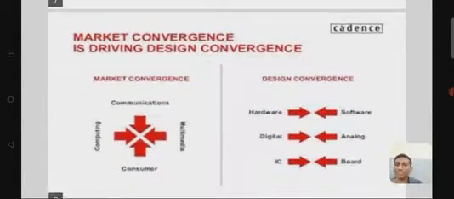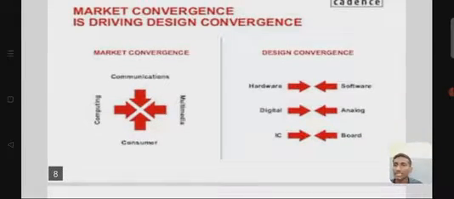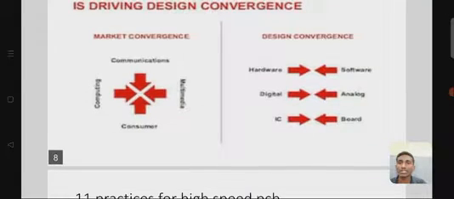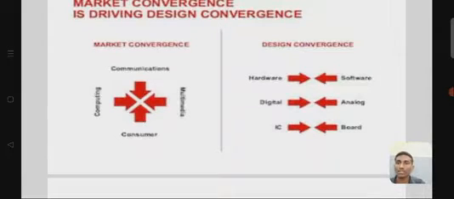For the market convergence of PCB design, the left side diagram shows consumer, computing, communications, and multimedia, where for the market convergence, and for the design convergence we use hardware and software, digital and analog, and ICs and boards.